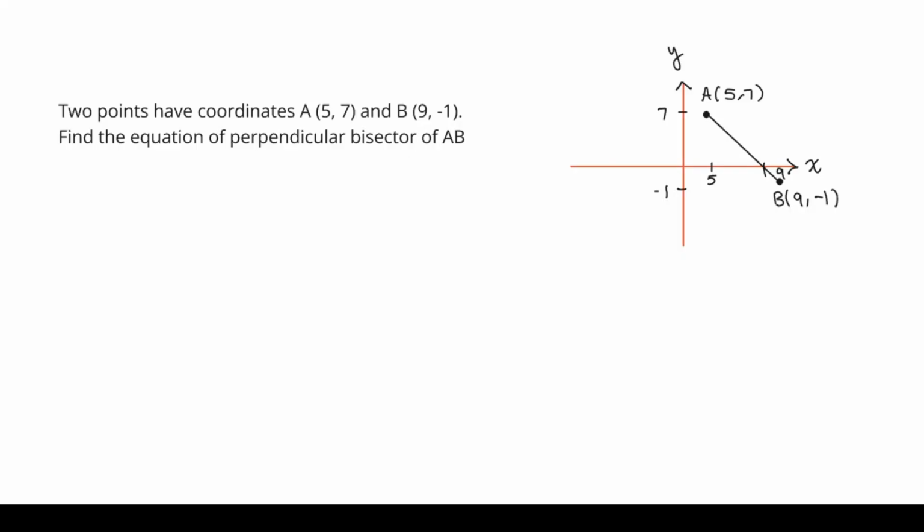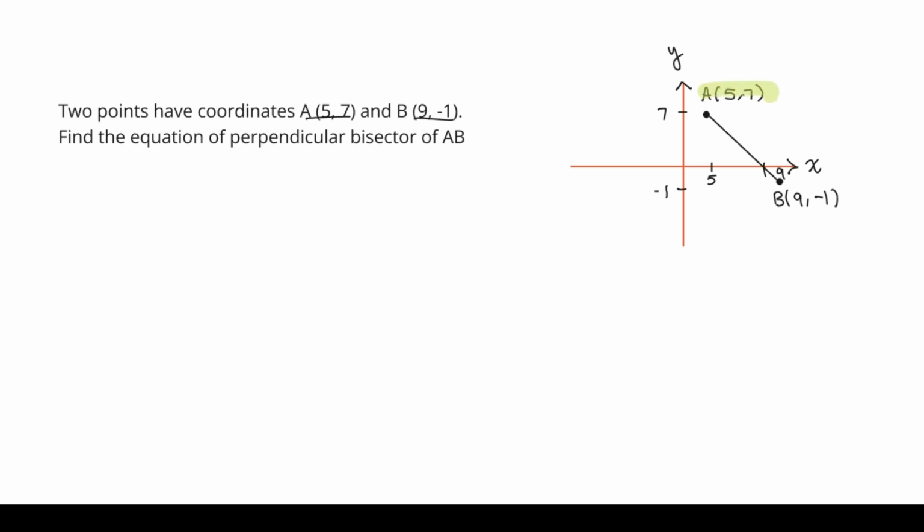So a perpendicular bisector is a line that bisects another line segment at 90 degrees. So bisecting a line segment means dividing it into two equal parts. So here 2 points have coordinates A 5, 7 and B 9, negative 1. Now find the equation of the perpendicular bisector of AB.